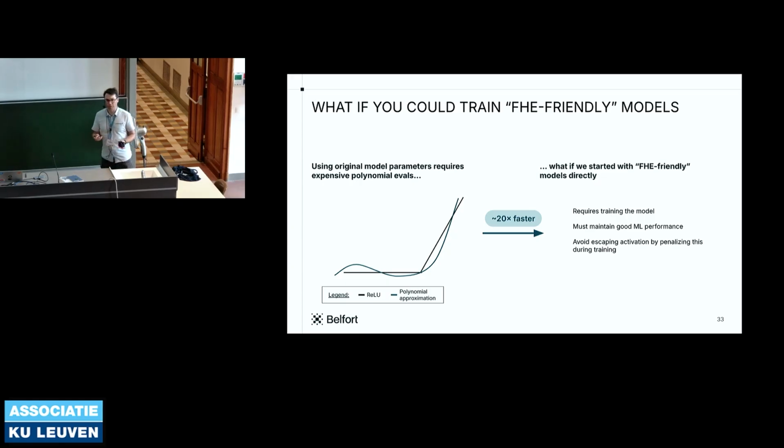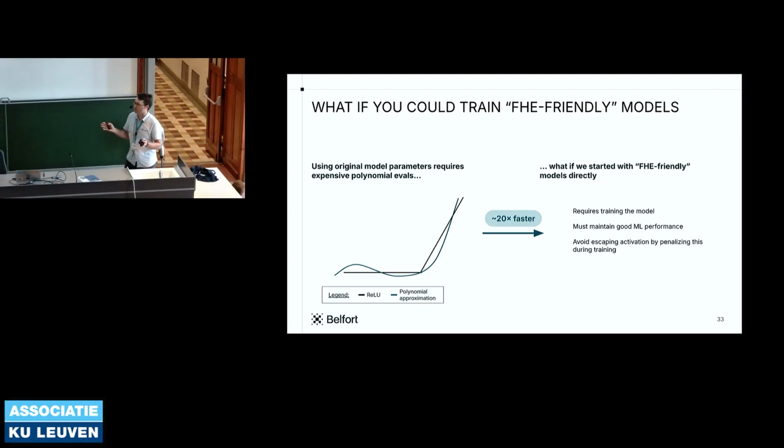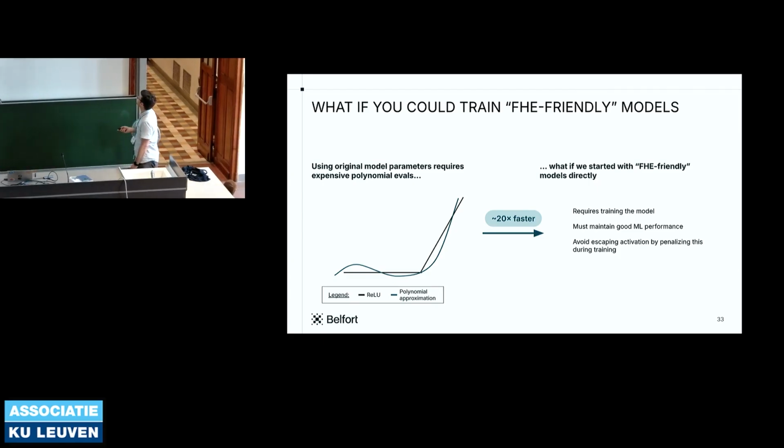You might have people that say, no, I get good results with ReLU, I want to use ReLU, and they don't want to use exotic activation functions. It's a little bit like, you could use this block cipher and it works much faster, but it's an exotic block cipher. You need to convince people that it's going to be okay, and some people might not be okay with it.